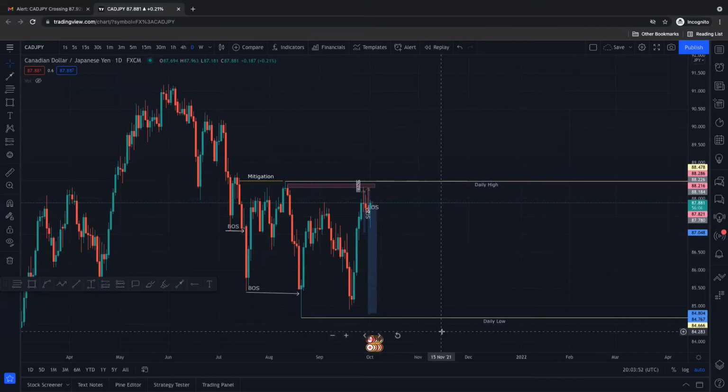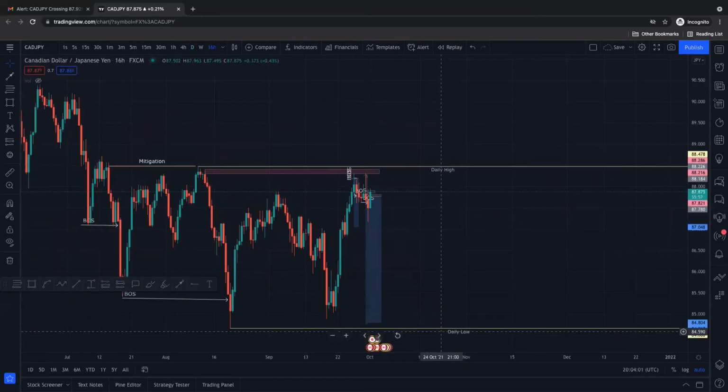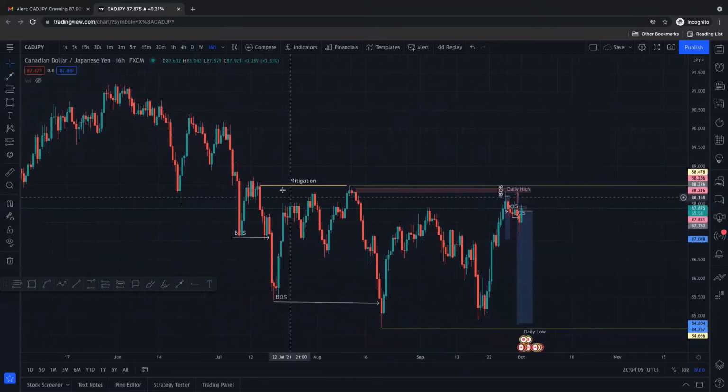This time frame wasn't that clear to me, so I switched to the 16-hour time frame in order to make sense of what is happening over here, right? So what I see here, the market is coming down, we have a break of structure here, and then again a new break of structure here, okay? This is the leg where the break happened.